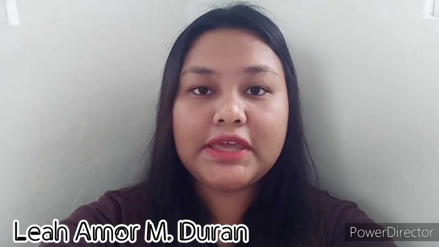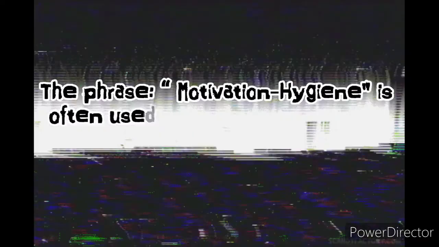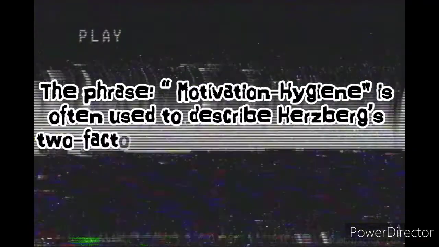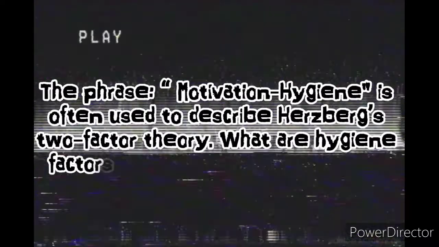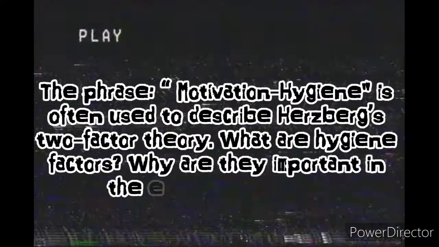Maslow's hierarchy of needs is a charted set of human requirements that are important for an individual to achieve complete development and self-actualization. The phrase motivation hygiene is often used to describe Herzberg's two-factor theory.